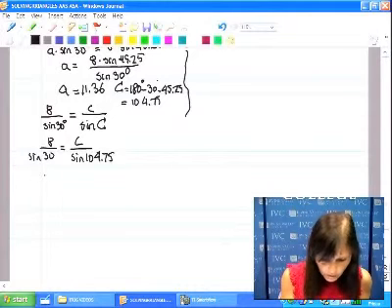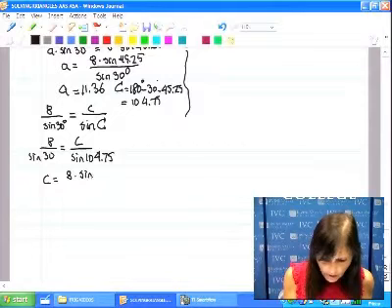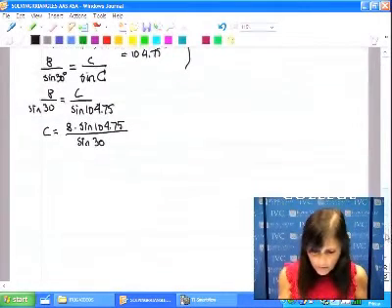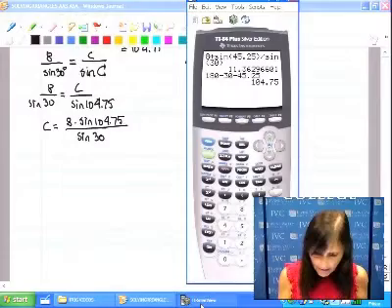So C is going to be 8 times sine of 104.75 divided by sine 30. So let's get that.